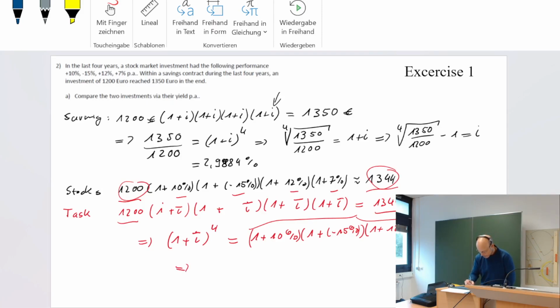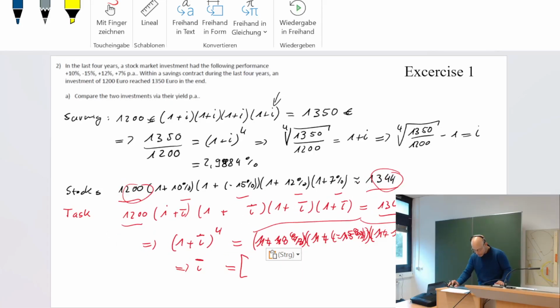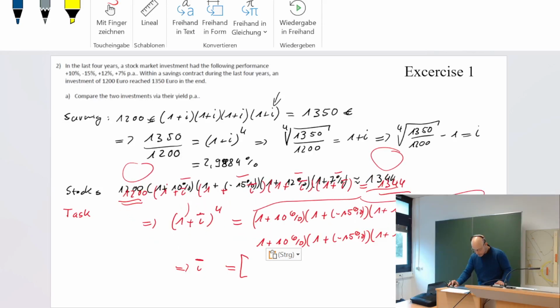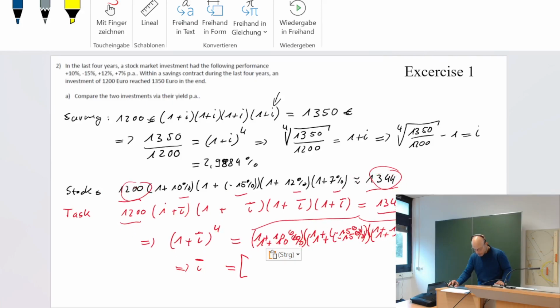So then i bar equals, and this I will fetch now here. Is this possible? Yep. This didn't work.